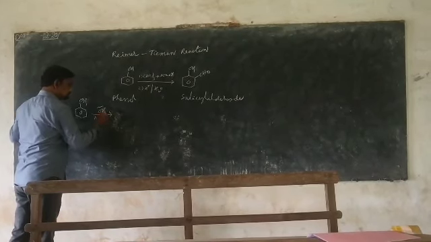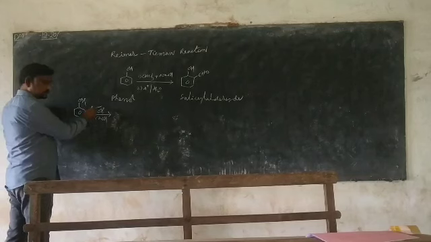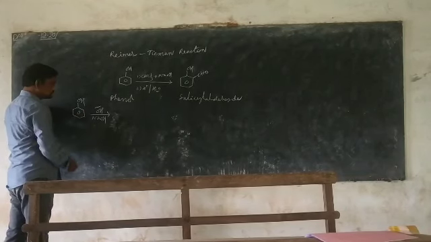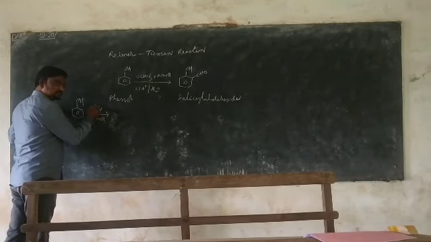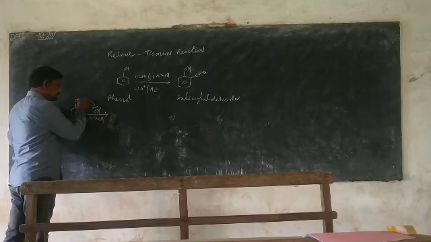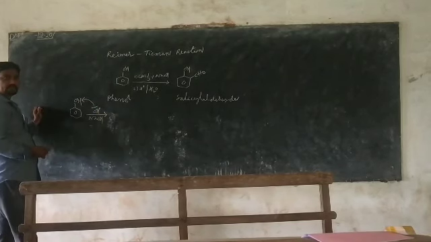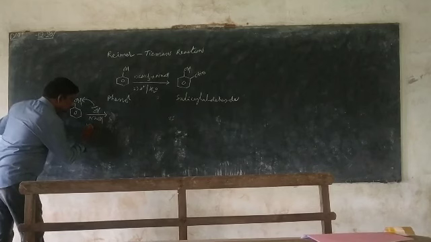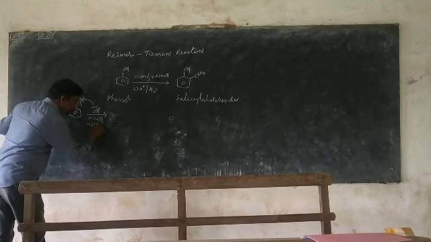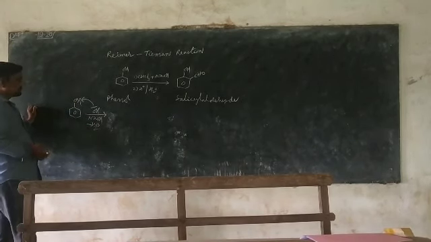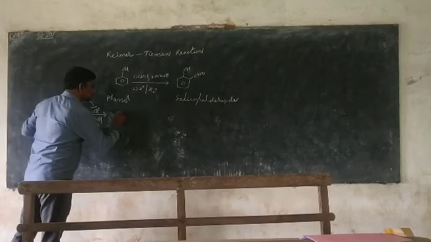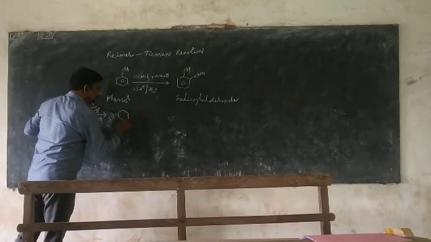Nucleophile generated: OH minus is generated from the NaOH solution. The basic medium attracts the H plus ion and eliminates an H2O molecule to form sodium phenoxide.